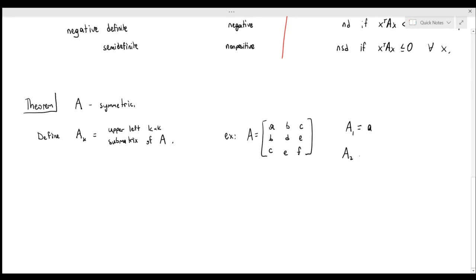And then A2 is the upper left 2 by 2 submatrix, so here it would be this 2 by 2 A, B, B, D. And then A3, the upper left 3 by 3 submatrix, would just be the entire matrix A, okay?